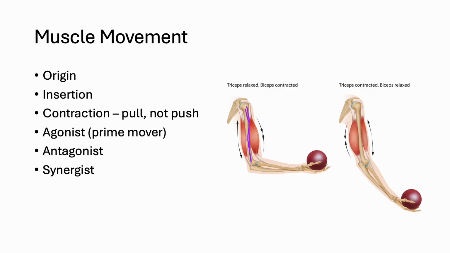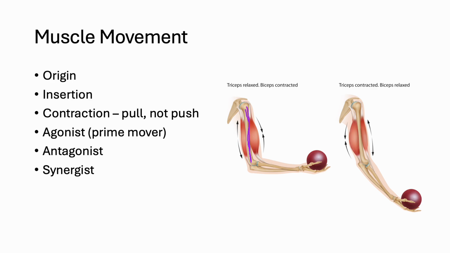So it's important for us to make sure we remember that terminology. So the biceps brachii is in the anterior compartment of the arm, and the triceps brachii is in the posterior compartment of the arm. The biceps is not the only muscle that's involved in flexion of the forearm. It's not the only muscle in the anterior compartment of the arm, but we're going to focus on it for just a minute.